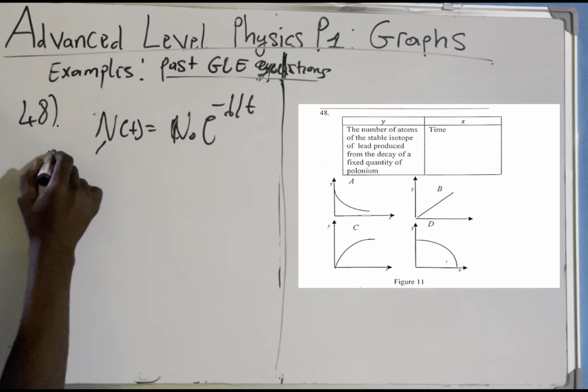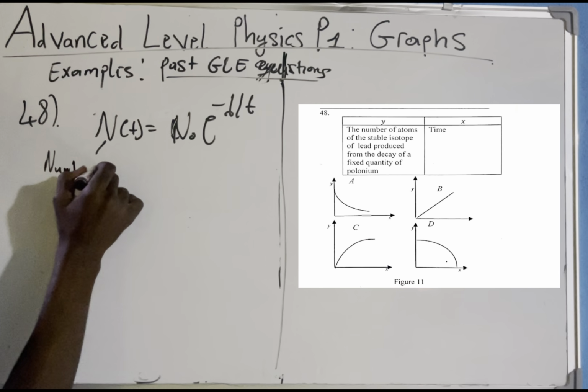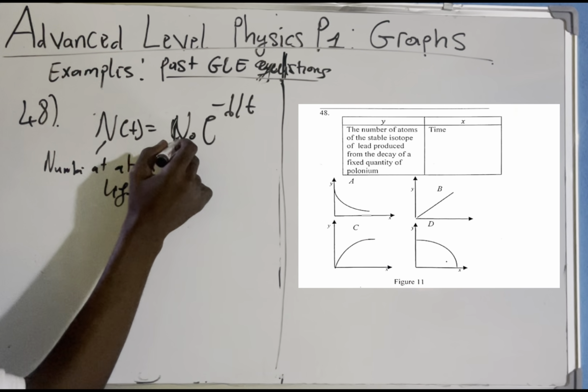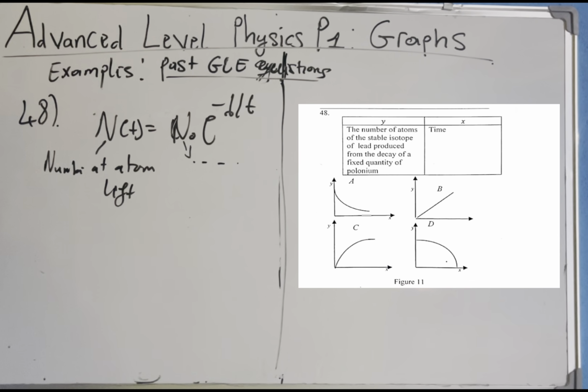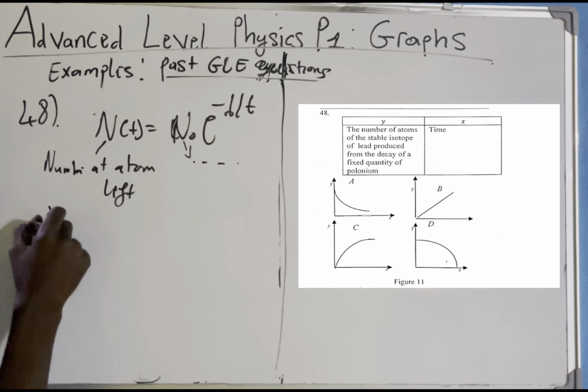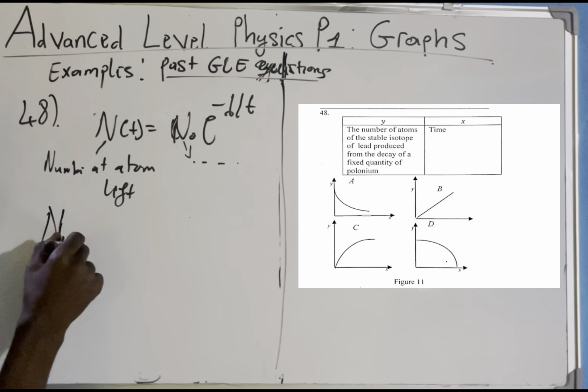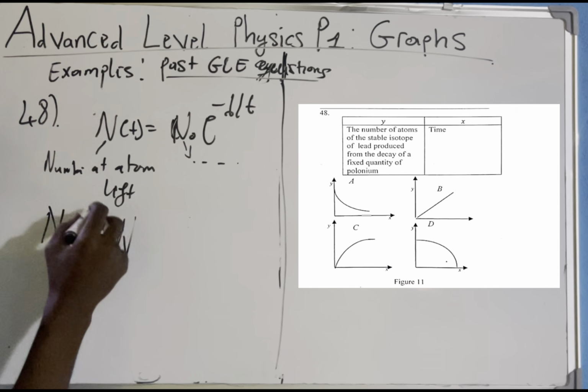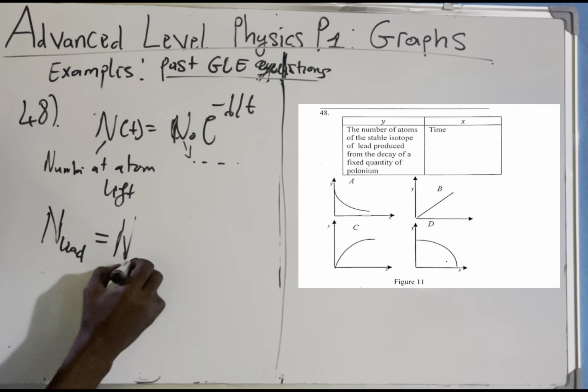So this is the number of atoms left. N0 is the initial number of atoms. But we are looking for the number of atoms of the stable isotope of lead produced from the decay. The number of atoms of lead produced is the same as the number of atoms of polonium that have decayed.